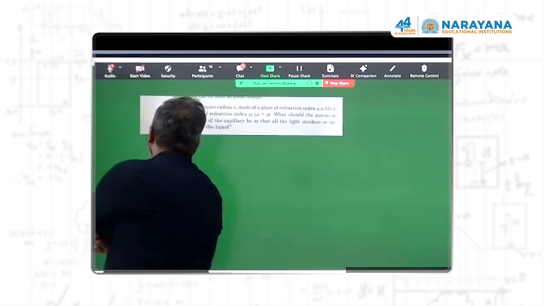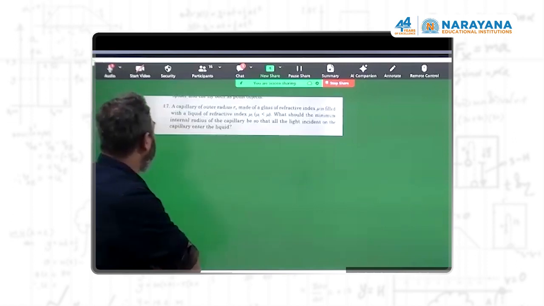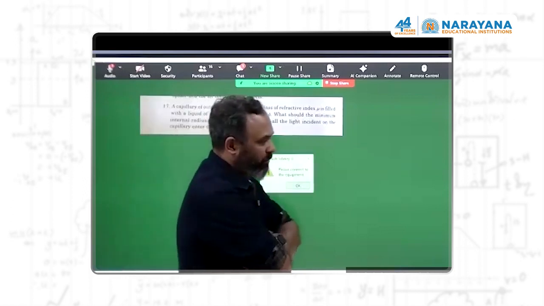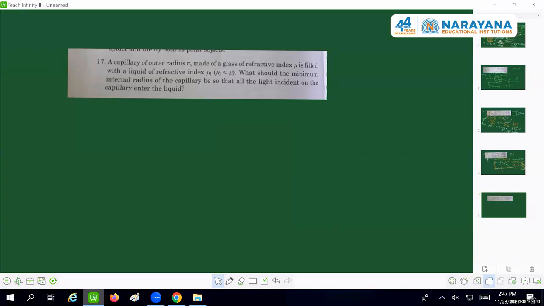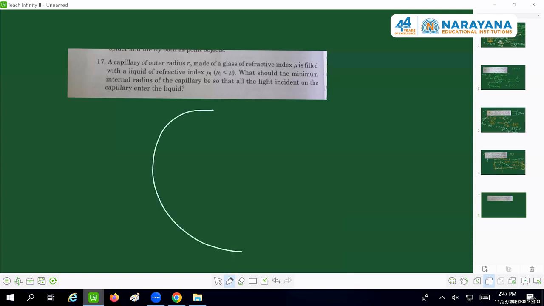The question is somewhat like this, that you have to find out the minimum internal radius of the capillary so that all the light incident on the capillary enters the liquid. So I will try to show this data like this. Let's say the outer radius R0 is fixed, right?